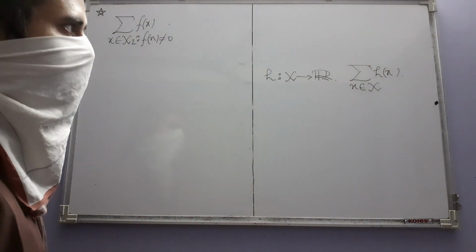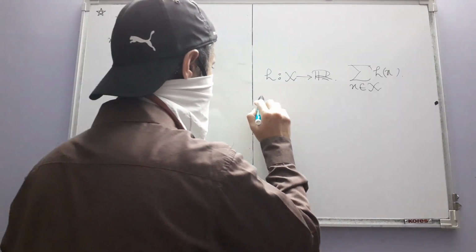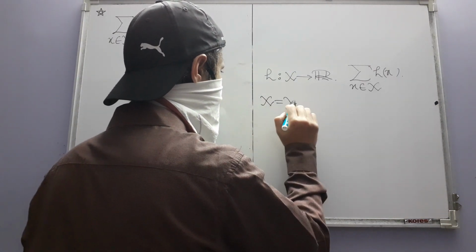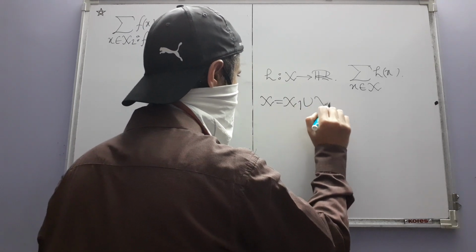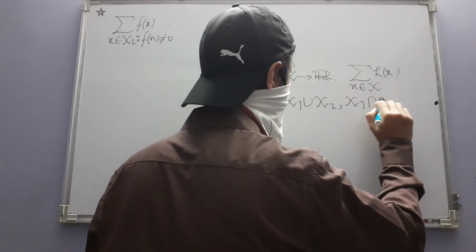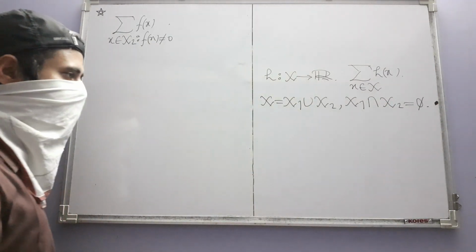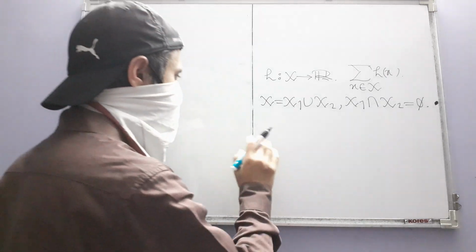Now we do have x1 and x2 like before, that is, x is their union and they are disjoint. But what is given now is this.